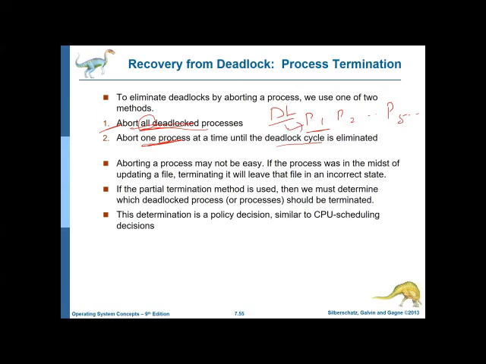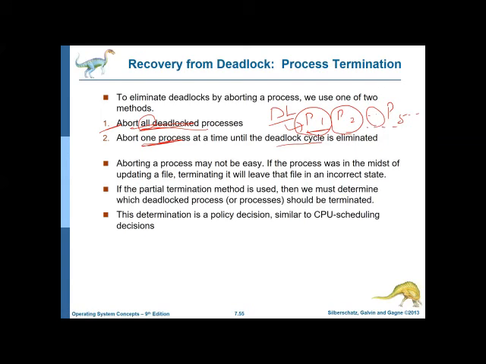We found out using some algorithm which are the deadlocked processes, and then we try to terminate, or abort, them one by one. Initially I took P1 and I see whether the deadlock cycle is eliminated. If not, I go for the second one. If not, I go for the third one, and so on. This way, slowly we determine which of the processes have to be eliminated.